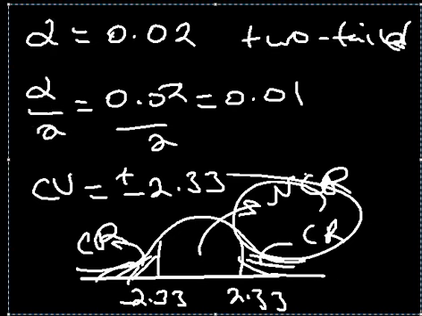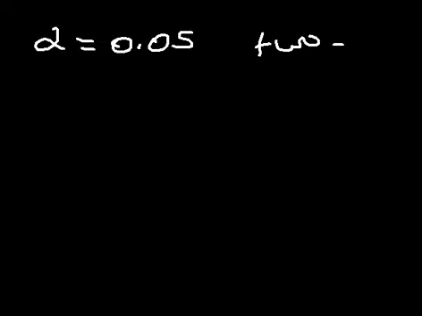Now what if we have this case? Let's say we have alpha given as 0.05, two-tailed. How should you find the critical value if that's the case? So the principle remains the same.